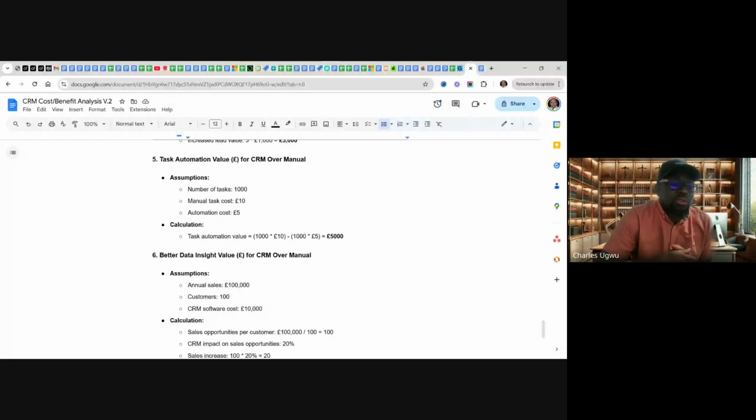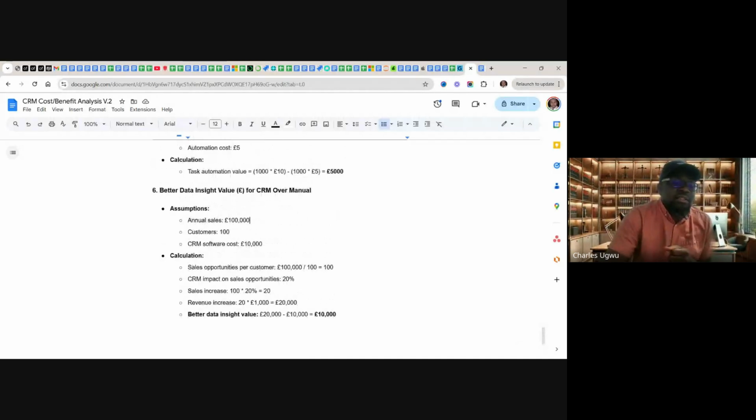The calculation: task automation value will be 1,000 by 10 minus 1,000 by 5. So that is it.